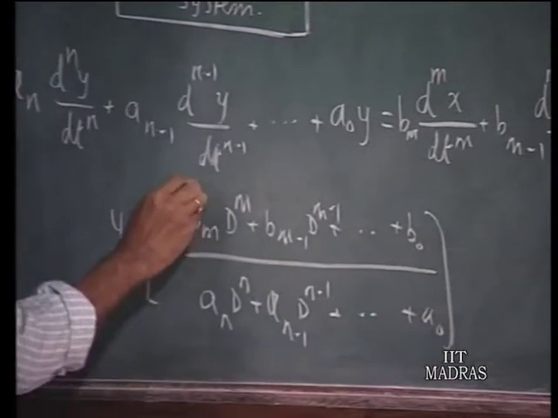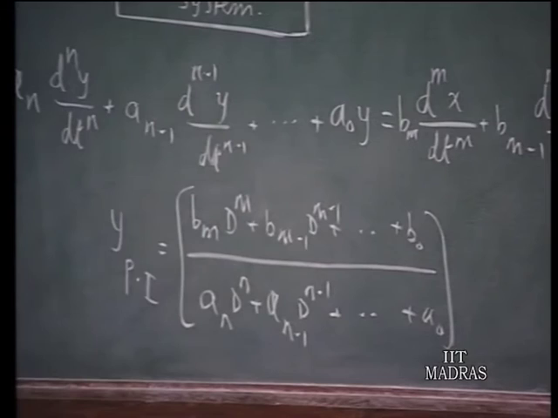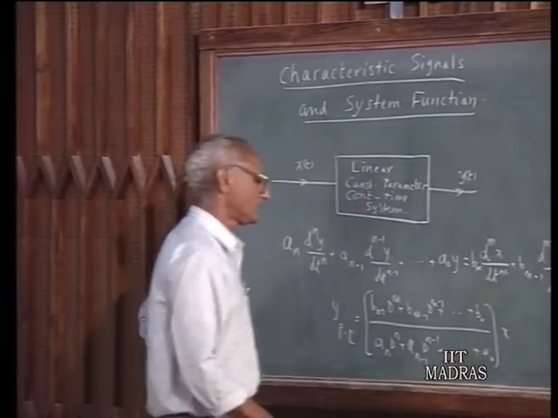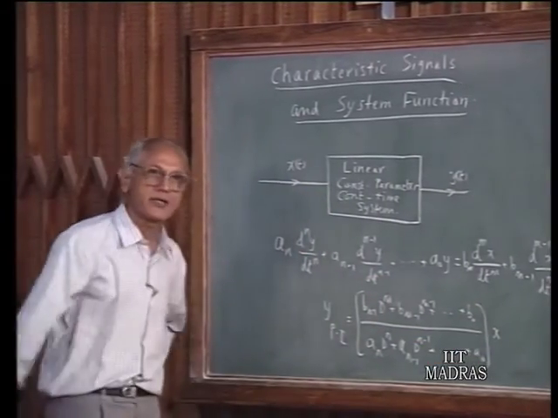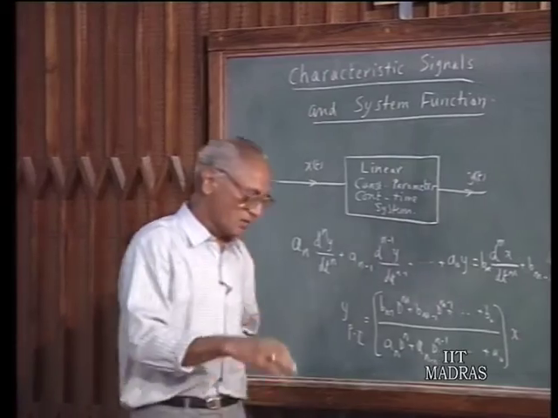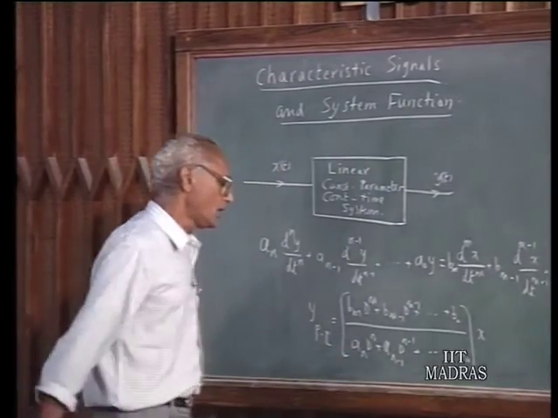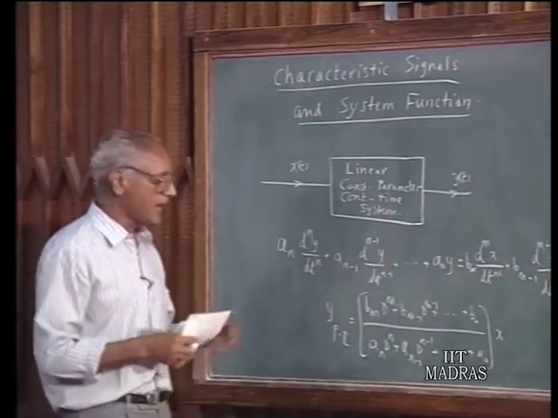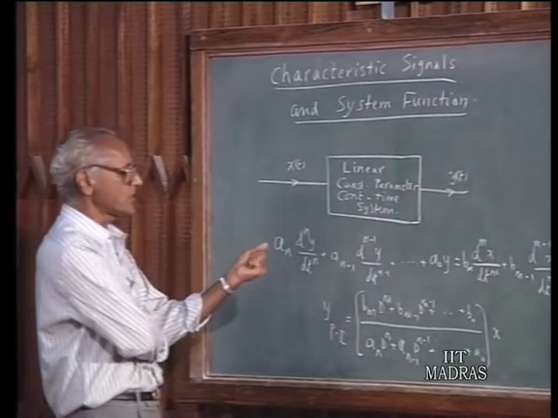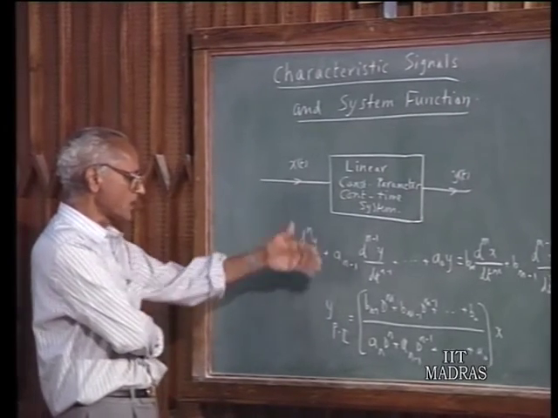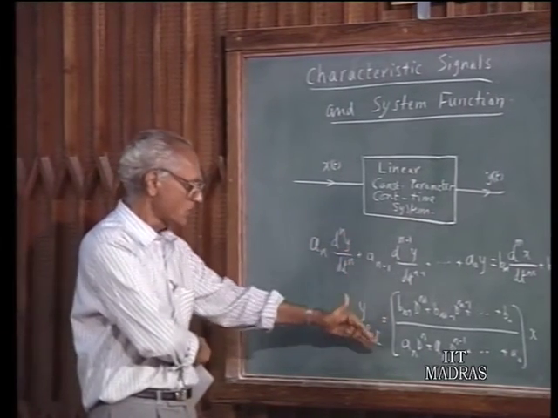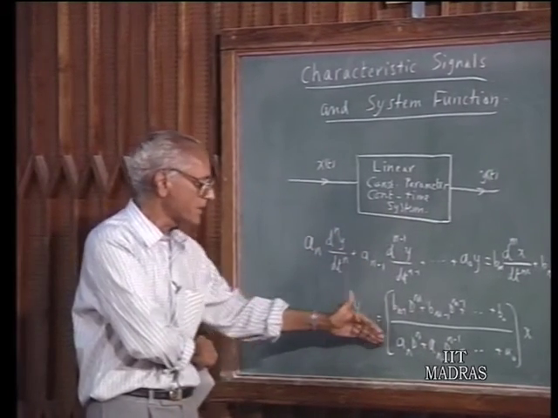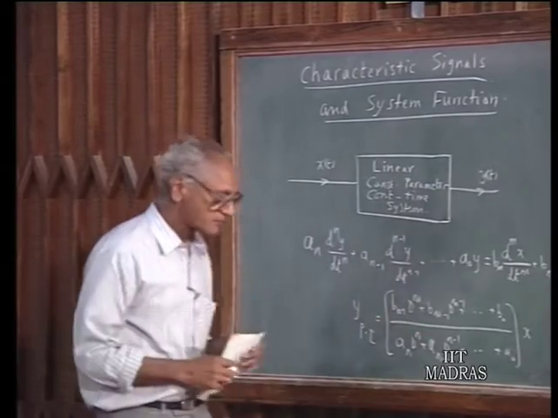This is an operator, a function of D, operating on x of t. So, depending upon the input quantity, you can calculate the particular integral solution. This is what we do in the solution of differential equations. The electrical network which we considered in the last lecture is a specific example. You remember that we ended up with a second order differential equation from which we can calculate the particular integral solution in the same manner.